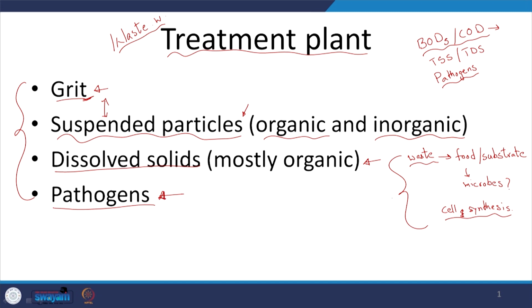The pathogens can't survive the kind of complex microbial environment that we have out here. Other than that, we are still going to look at removal of pathogens by disinfection. So what are we going to look at in general? Heavier particles, which are typically suspended, relatively smaller but suspended particles, then dissolved particles, and then pathogens.